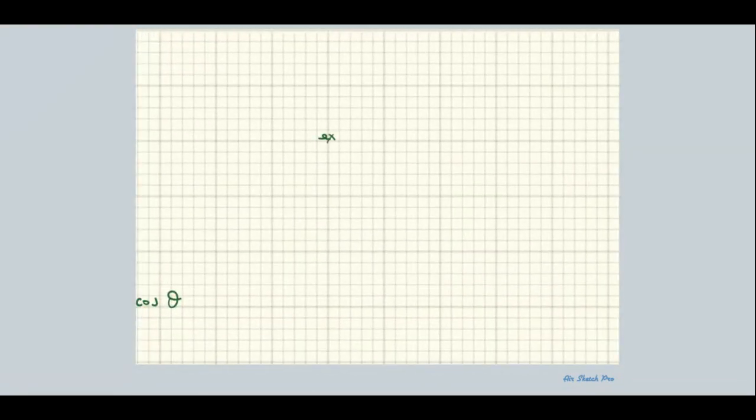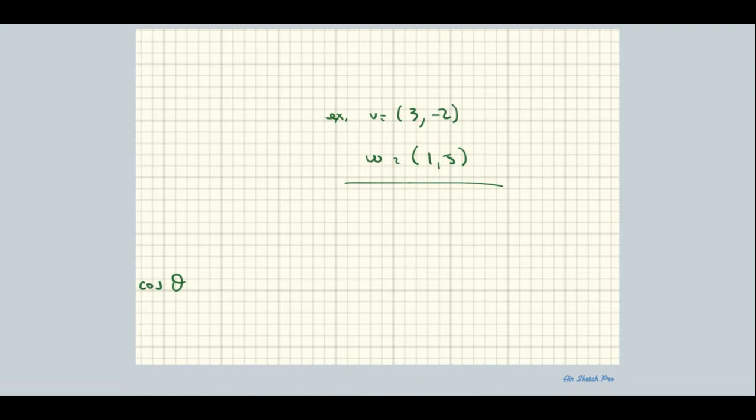Here's an example: v is 3, -2, and w is 1, 5. Make this very simple. What's v dot w? Somebody needs to calculate v dot w for me.